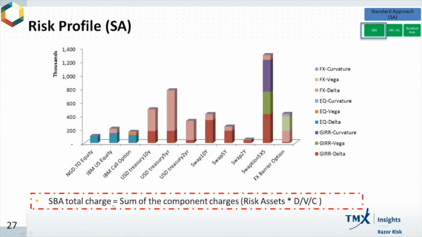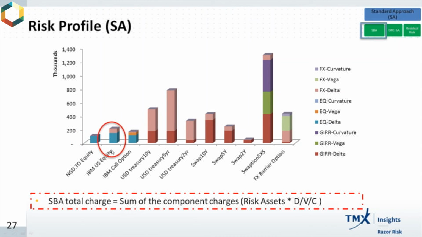And the SBA total charge is the simple sum of its component charges from risk class and the delta, vega, curvature. So the example over here, first is NGD.TO. It only has equity delta since it's a Canadian stock.